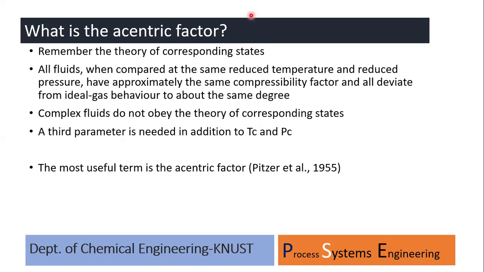So they will end up having the same compressibility factor because they're going to deviate from ideal gas by the same amount. But when we have complex fluids, they don't obey this theory. So aside from just using the critical temperature and pressure to find your reduced temperature and pressure and find your Z, you will need another term, which is the eccentric factor, right?